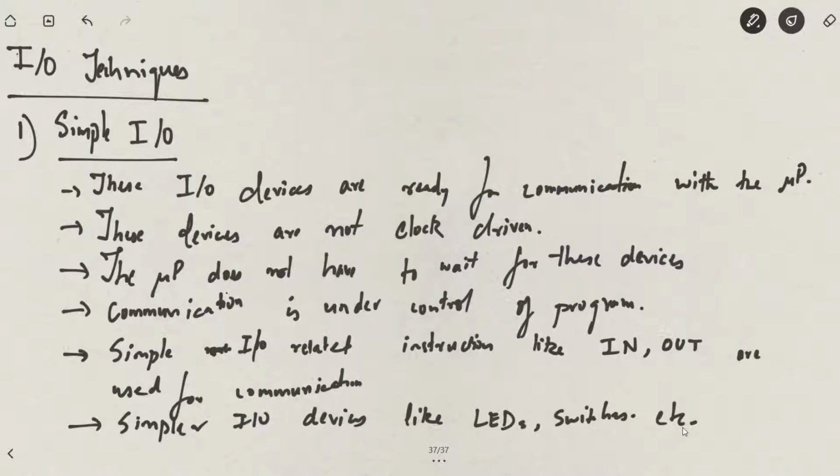And what we see in this case is that the I/O devices that will be interfaced with the microprocessor will not be clock driven, and therefore they are always ready for communication with the microprocessor, and simple instructions can be used for such interfacing, like we have studied, IN, OUT, etcetera.